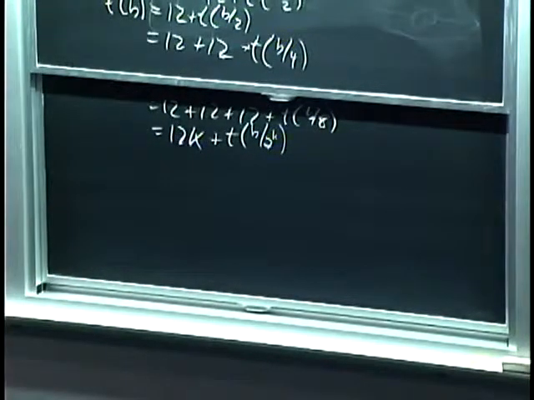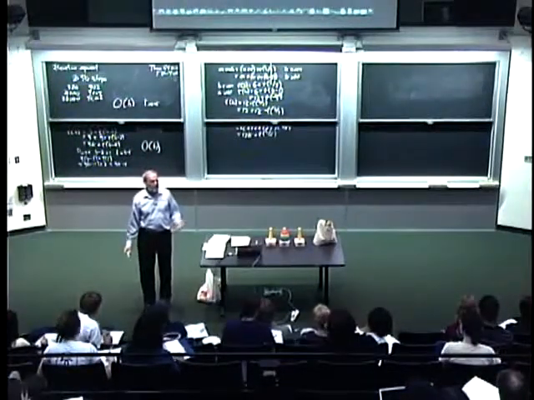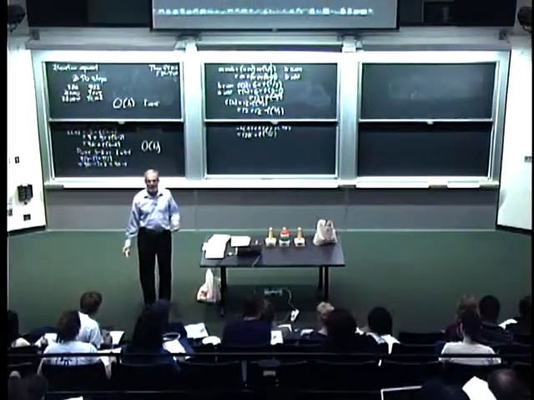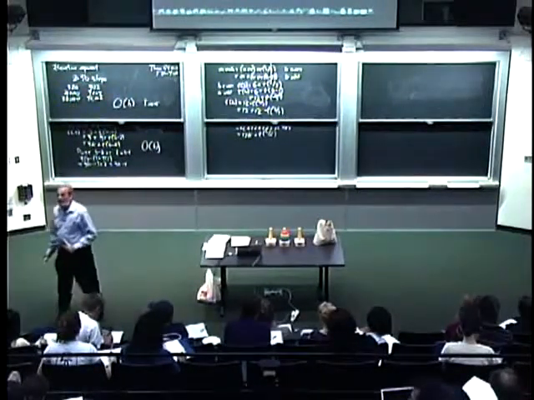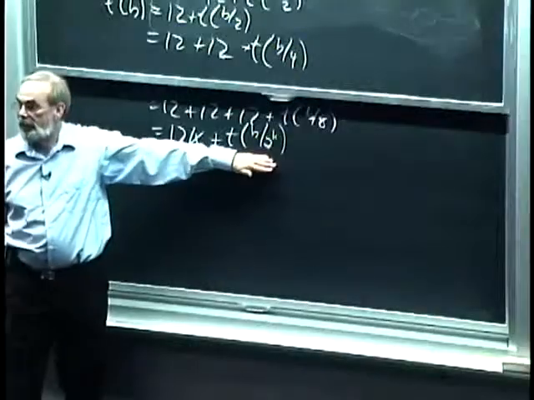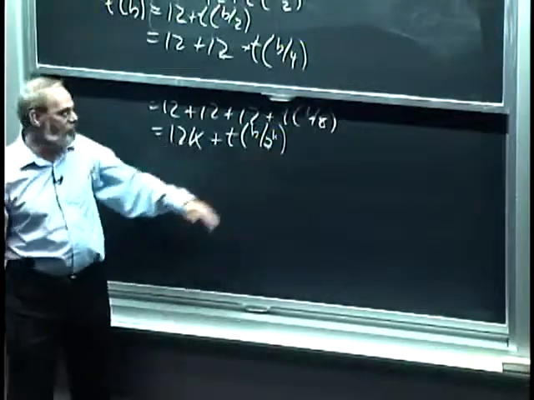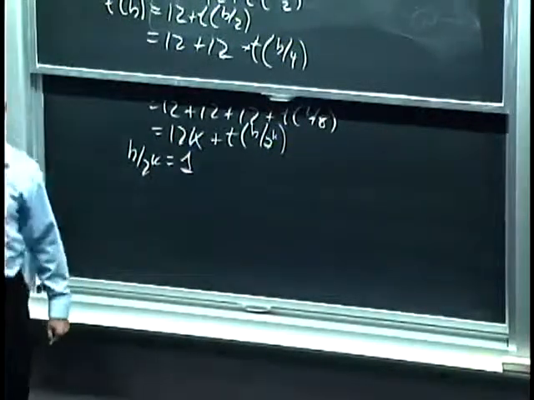When am I done? When do I get down to the base case? Somebody help me out. What am I looking for? Yeah, you're jumping slightly ahead of me, but basically I'm done when this is equal to 1, right? Because I get down to the base case. So I'm done when b over 2 to the k is equal to 1, and you're absolutely right.